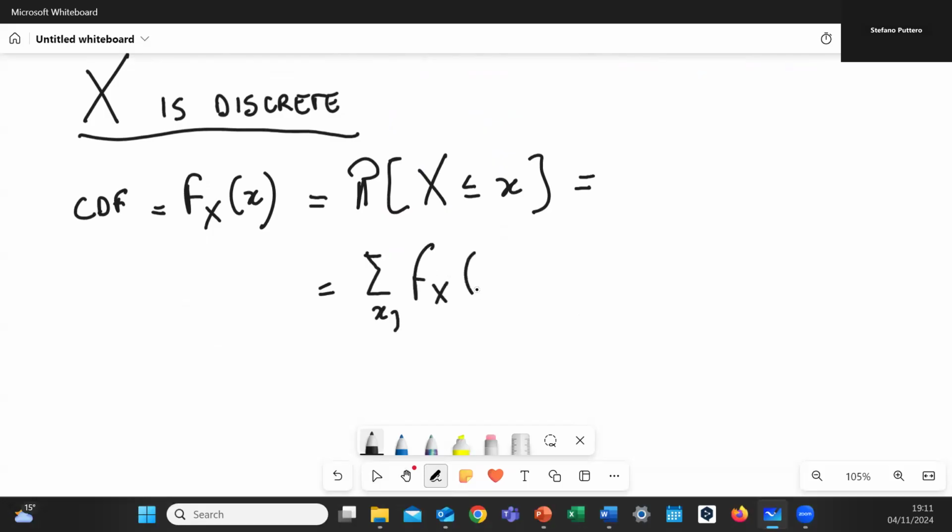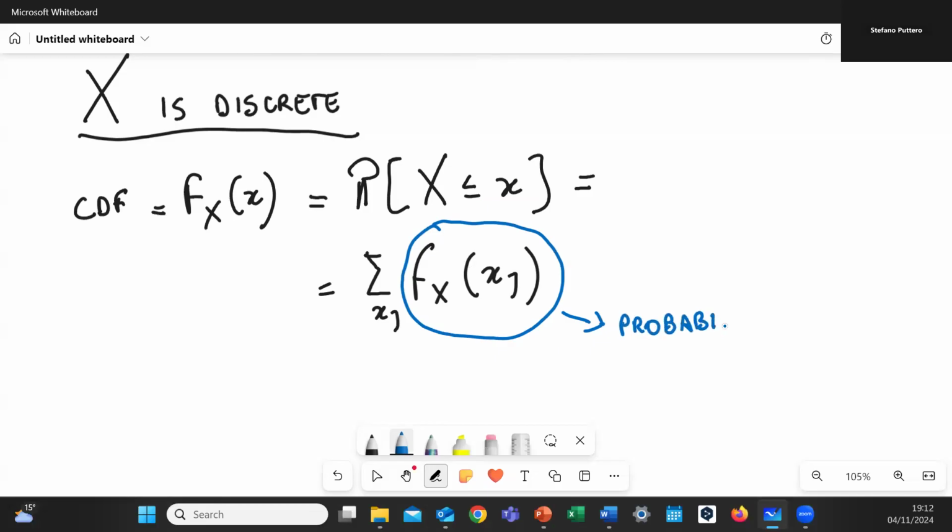Of f_X of x_j, where x_j are the mass points of our discrete distribution. So in this case, the lowercase f_X of x is the probability mass function.